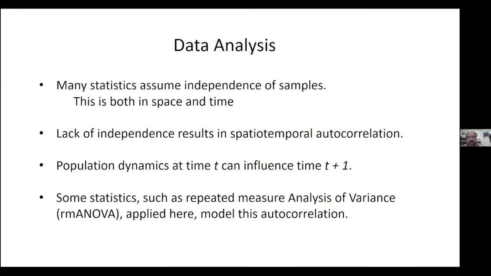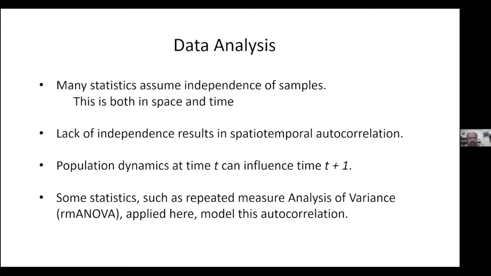What happens at time t, say in 2020, influences what happens at time t+1 in 2021. So we need to take that into account, how the number of individuals this year are affecting the number of individuals next year, and maybe even 2 to 3 years into the future. That's one of the questions that can be interesting with the synchronicity.